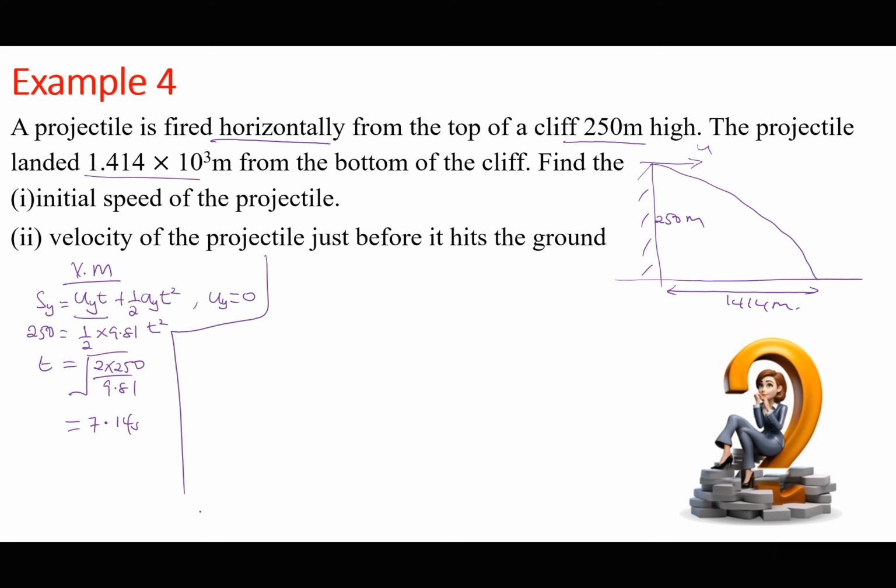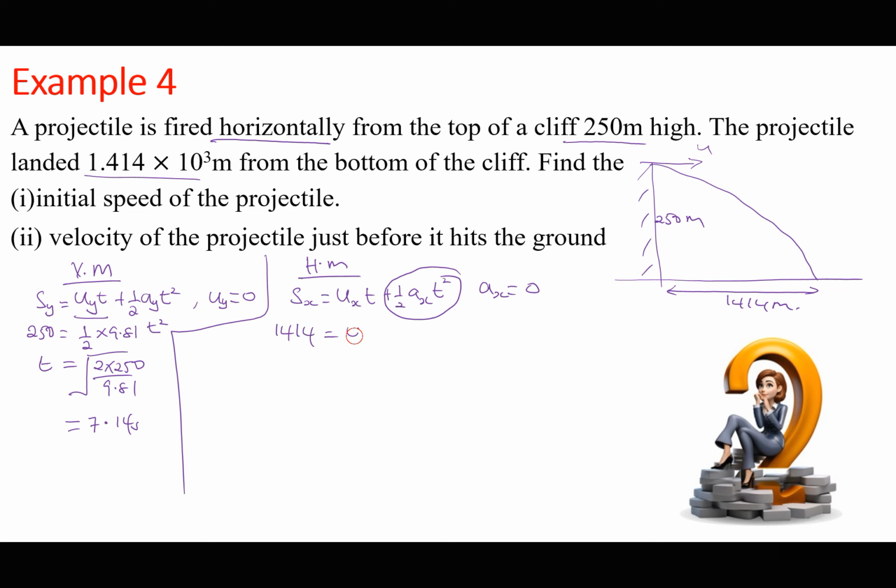So if I want to find the initial velocity in the horizontal, because it was projected horizontally, I have to consider horizontal motion. And I use s in the horizontal equals the initial velocity in the horizontal times t plus a half acceleration in the horizontal times t squared. Remember, the acceleration in the horizontal is 0, so this part becomes 0. So s in the horizontal is given as 1414.